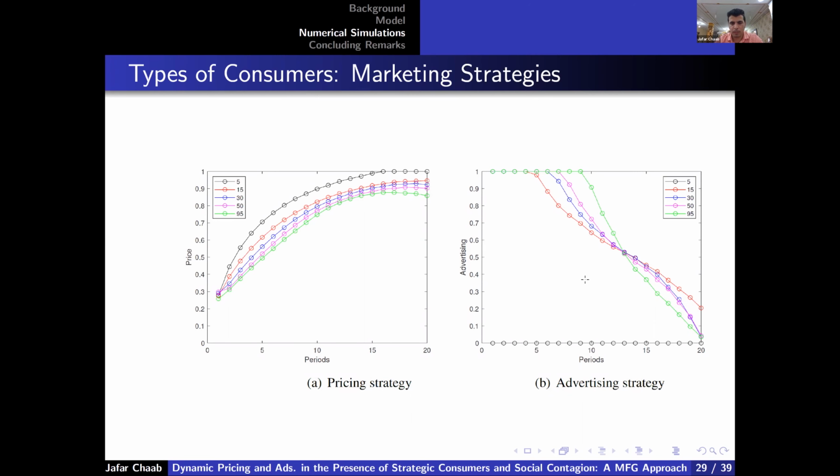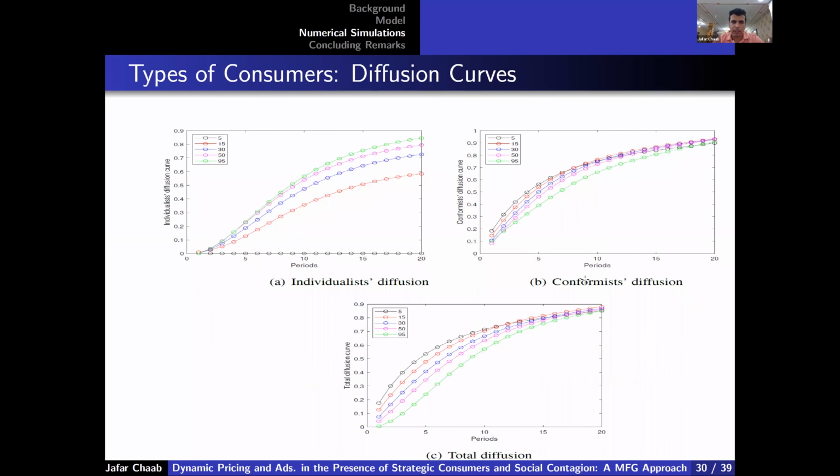Here are the diffusion curves again when we change the fraction of individualists to conformists. We can see two basic observations. First, the total diffusion curve can take both concave and S-curve forms depending on the composition of the market segments, as you can see in panel C. The second is that if the presence of one segment is more salient in the market, then the speed or the final penetration of the other segment in terms of diffusion is going to decline.